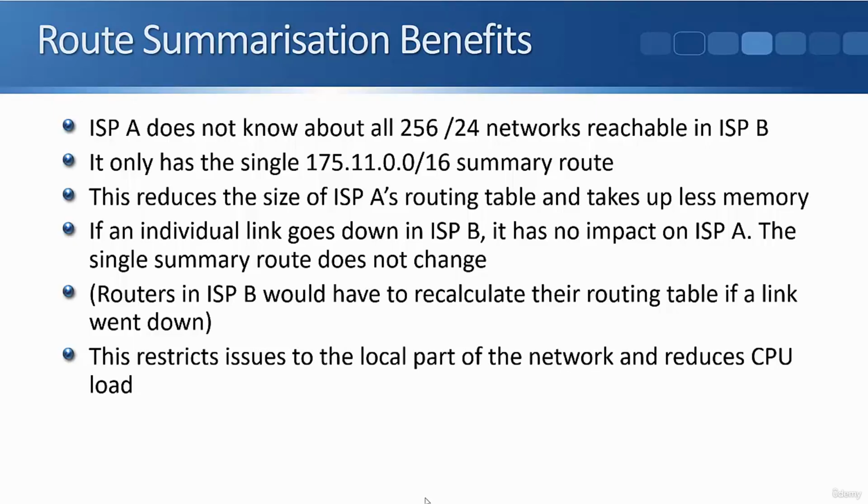Obviously, if it's got one route rather than 256 routes, that's a lot less information. It's more efficient. It takes up less memory in the router. And if an individual link goes down in ISP-B, it doesn't have any impact on ISP-A because that one summary route doesn't change. It's going to be different in ISP-B. Whenever one of their routes goes down, the other routers are going to have to recalculate that.